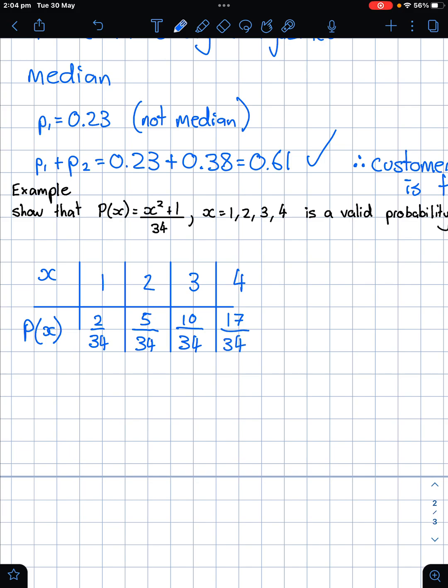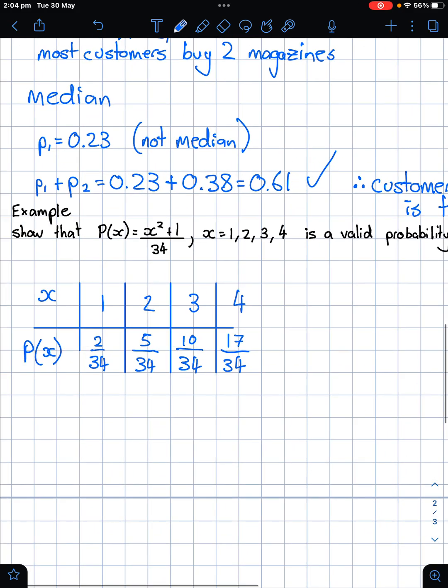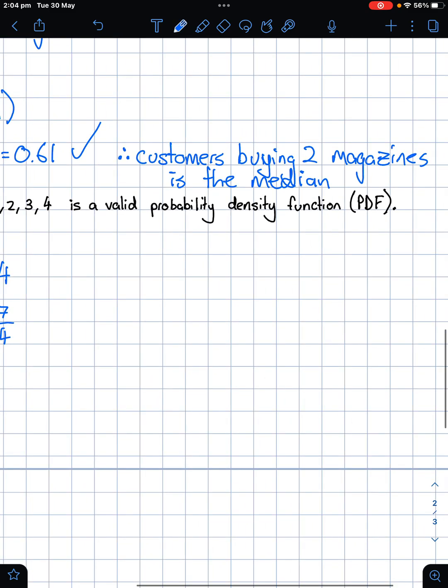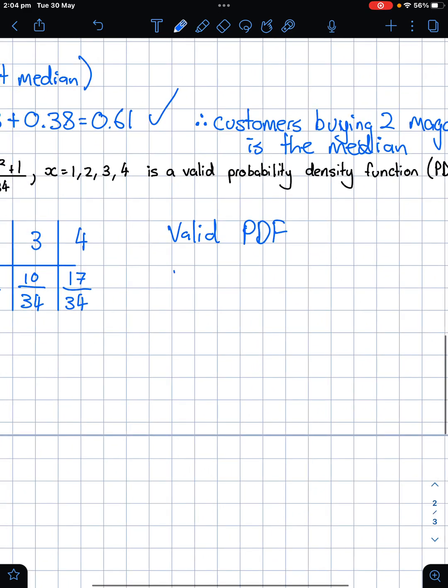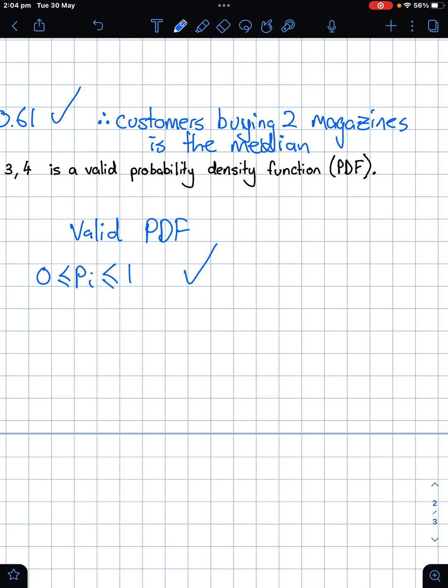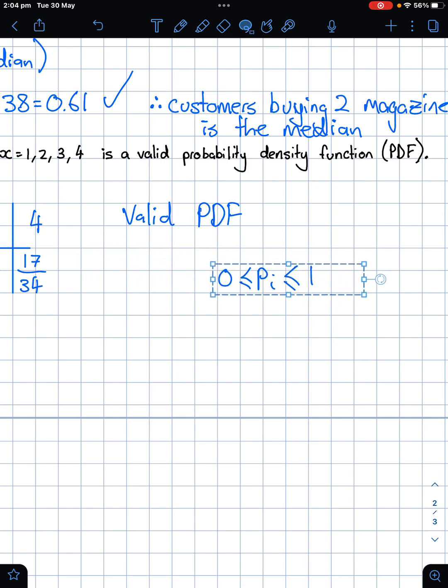The reason I've quickly crammed this in is because this is actually a good one. For the 4 outcomes here, we need to state for a valid PDF, a probability density function, that the probabilities all need to be between 0 and 1. And this is a tick. So I'm going to write this as a sentence so we can actually state it.